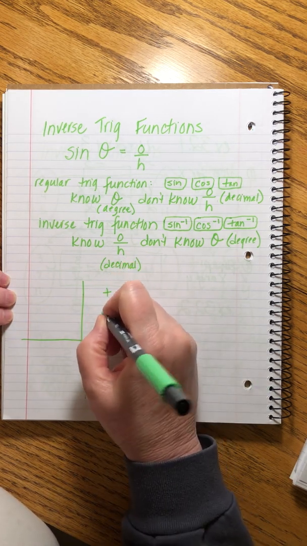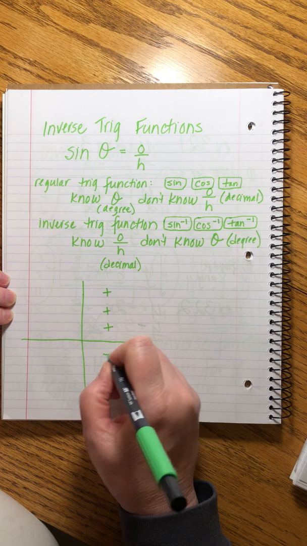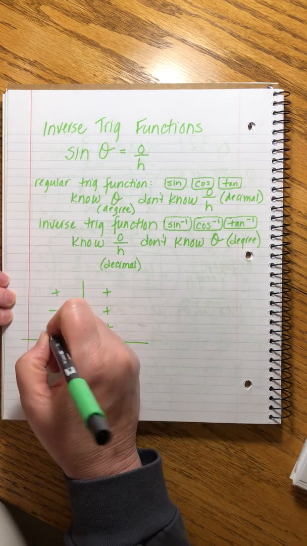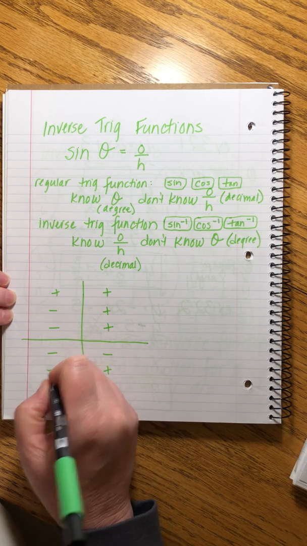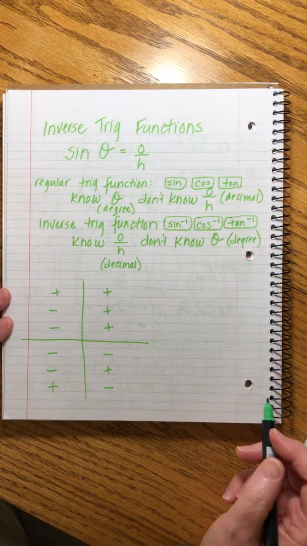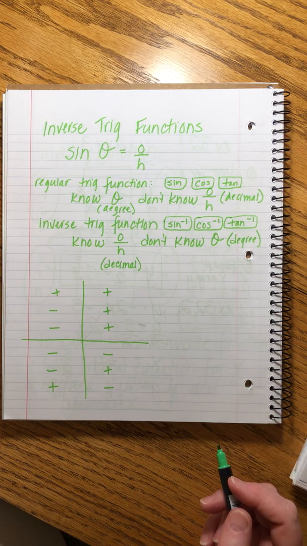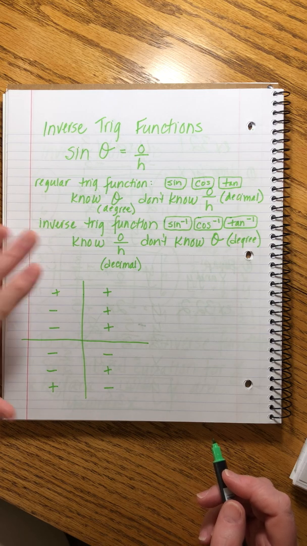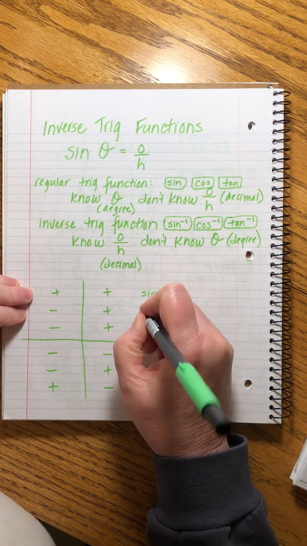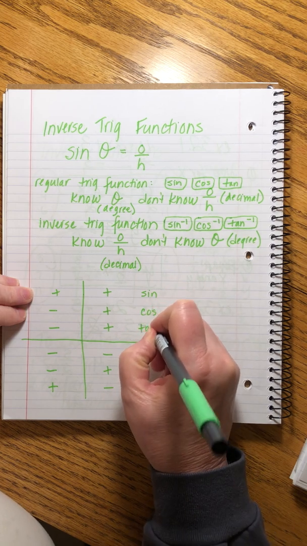We did plus, plus, plus, minus, plus, minus, right? We've done this in the past few lessons. We know that each trig function has a positive or negative sign. It varies by quadrant.